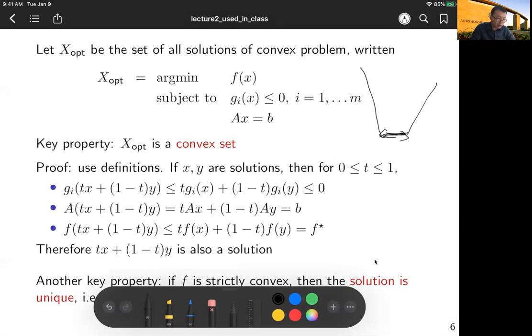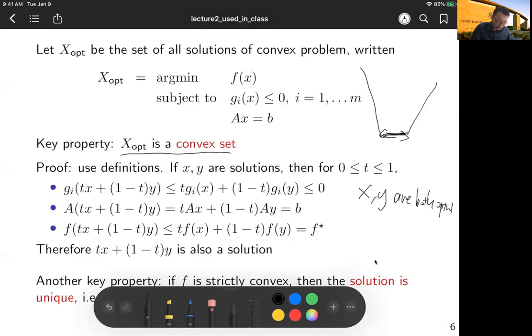Now, an interesting property of this set is that it is always a convex set. Why is that the case? You can prove this from the definition of a convex set and the definition of optimality. Take any two points x and y, and say that x and y are both optimal.